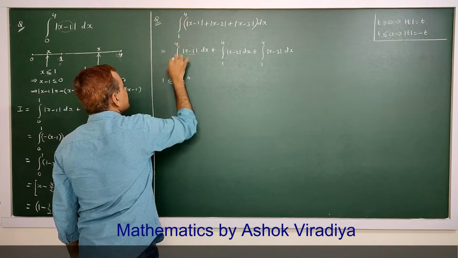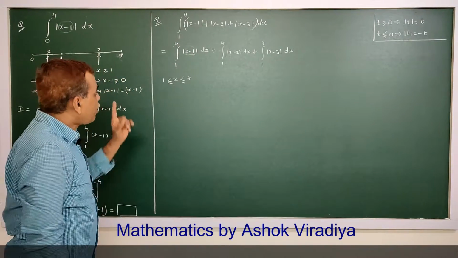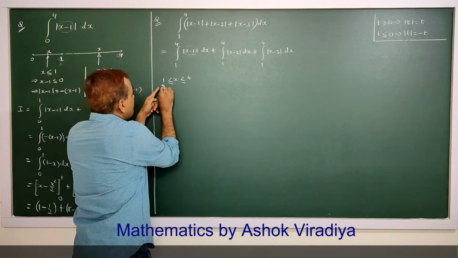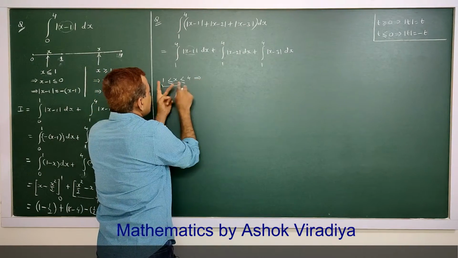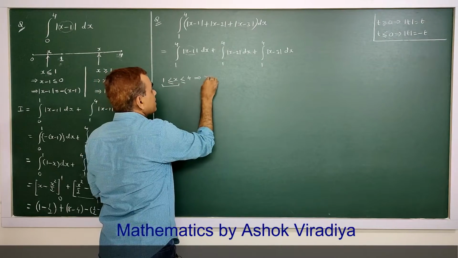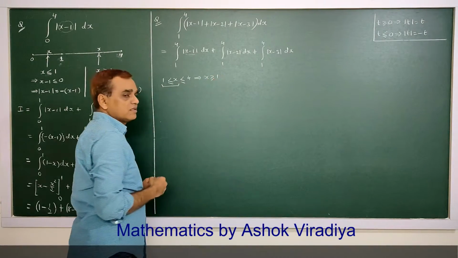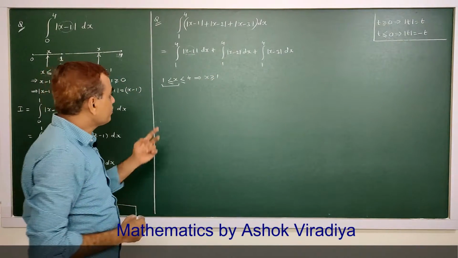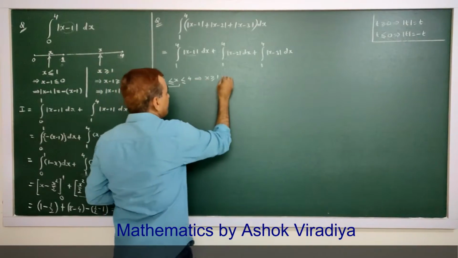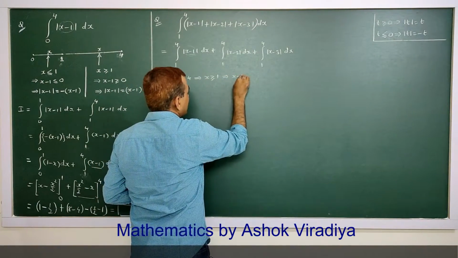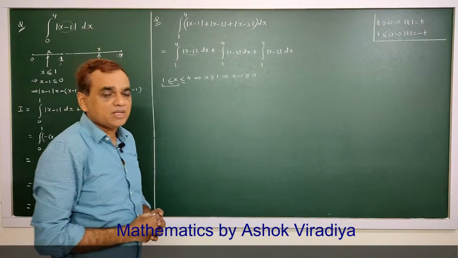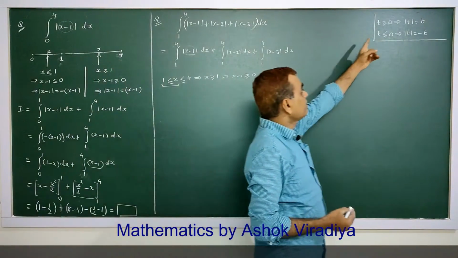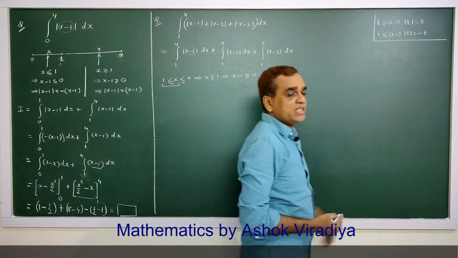Here x lies in 1 to 4. So obviously, if you observe this part, then you can see that x is more than or equal to 1. x is more than or equal to 1, therefore x minus 1 is more than or equal to 0. And if t is more than or equal to 0, modulus t is t.